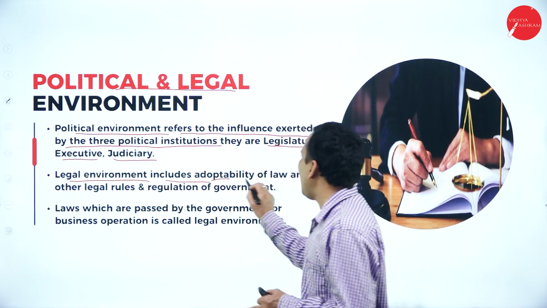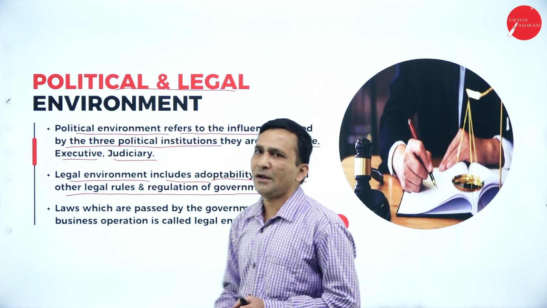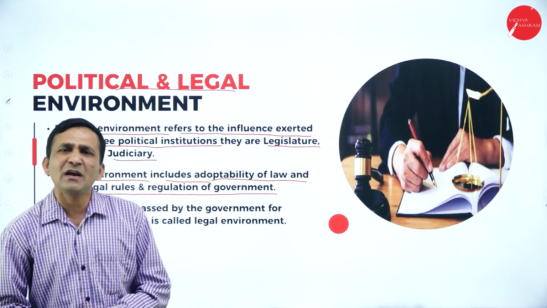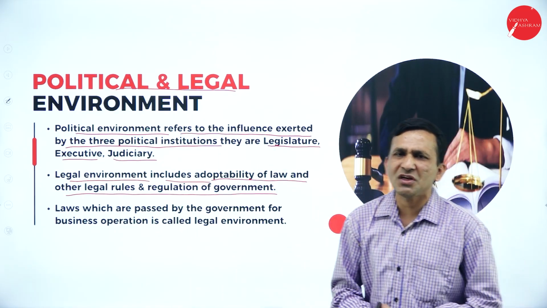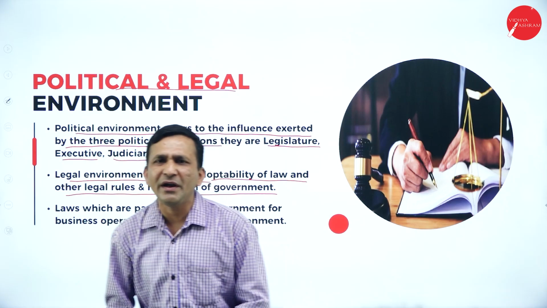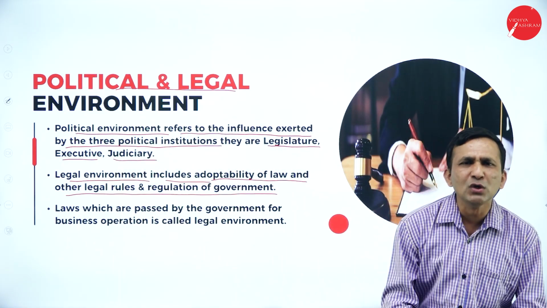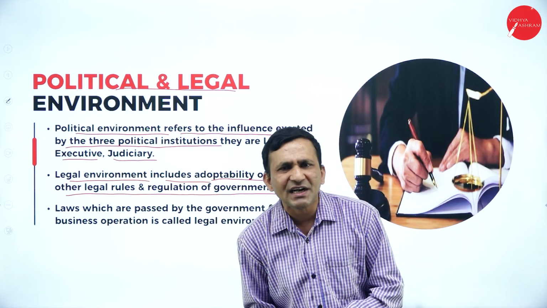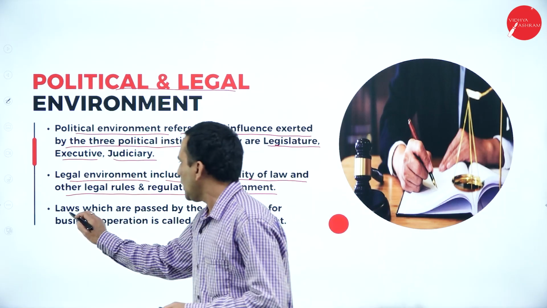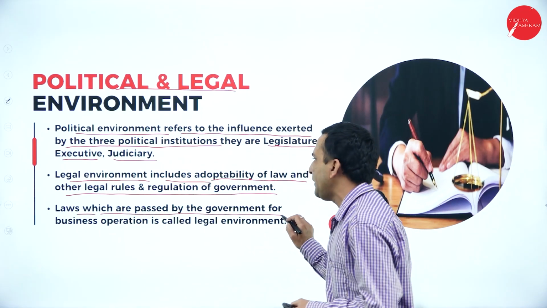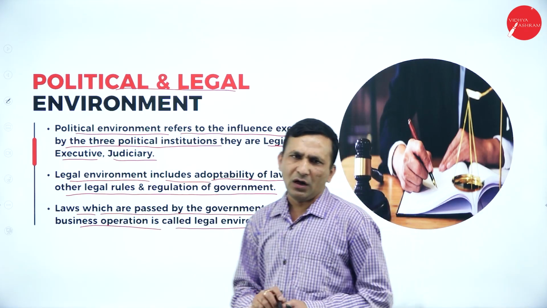This includes adaptability of law and other legal rules and regulations of government, because for some specific products there is complete restriction, even the tax portion, even the calculation of profit, even when you are fixing a price, when you are carrying goods, or when you are selling to another state, you need to follow the guidelines set by the government. The laws passed by the government for business operation are called the legal environment.